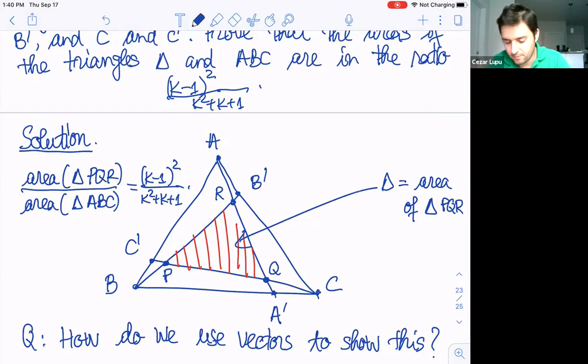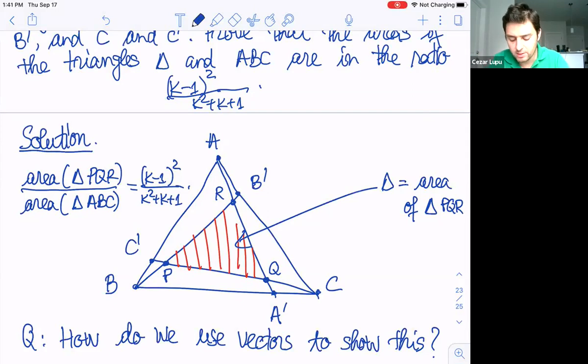Actually, there will be another Putnam problem, which I'm probably going to leave for the recitation, where we will actually use this. But I wanted to do this problem because we'll have problems using the cross product of vectors. But anyway, let's not get there yet.